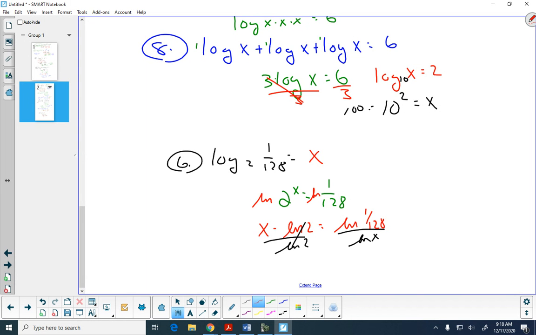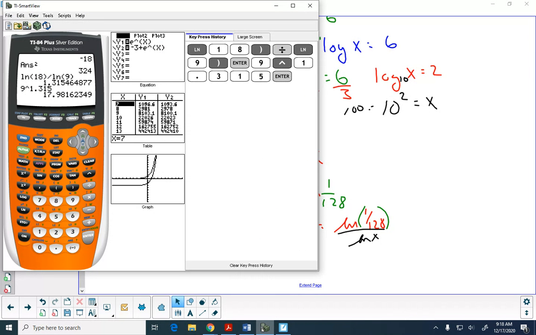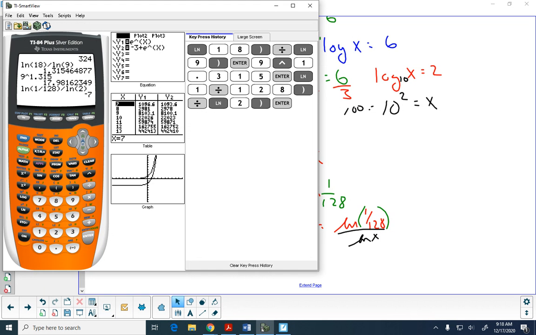Make sure you quantify this ln of 1 over 128. So we have ln of 1 divided by 128, and the quantity divided by your ln of 2. I always make the habit of just ending your quantities out, and we get a value of -7.